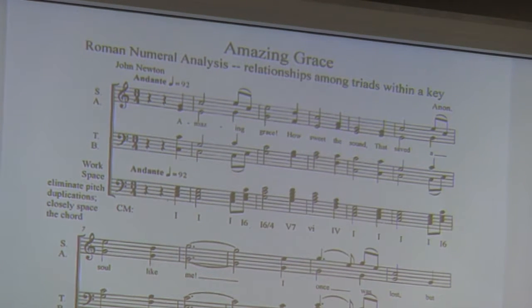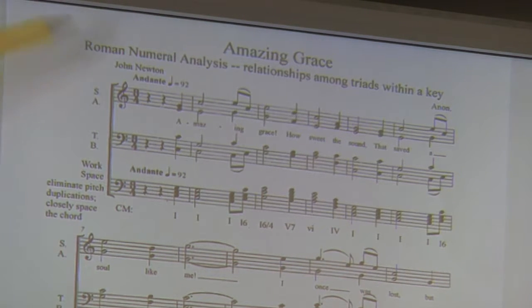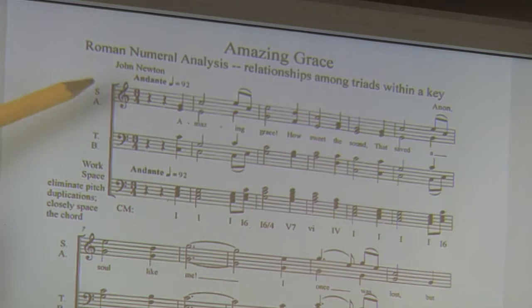This is also in your packets with a Roman numeral analysis. So you can look up here or look at your packets. John Newton wrote the text, and the melody is anonymous. I've made a workspace, just like they have you do in your textbook, in which you eliminate pitch duplications and closely space the chord in order to get the essential triad.